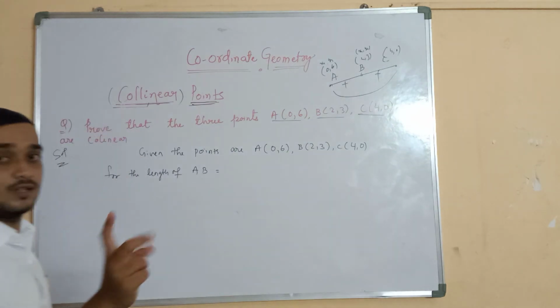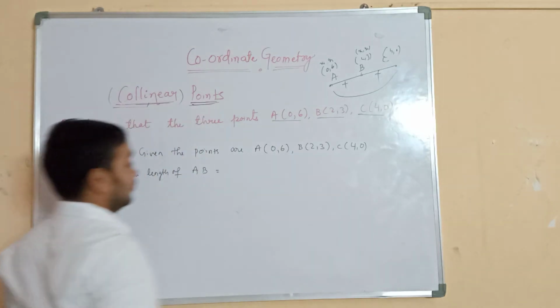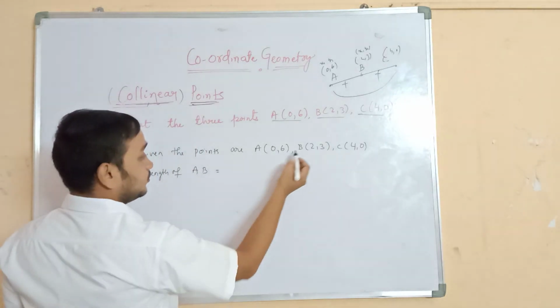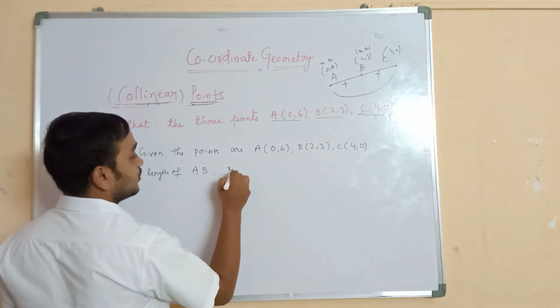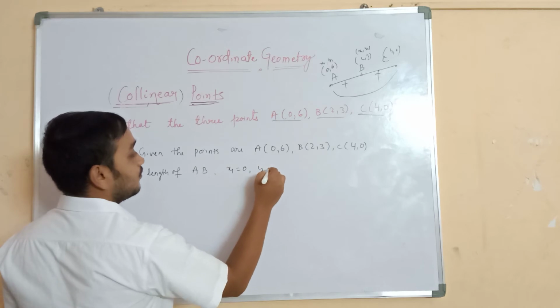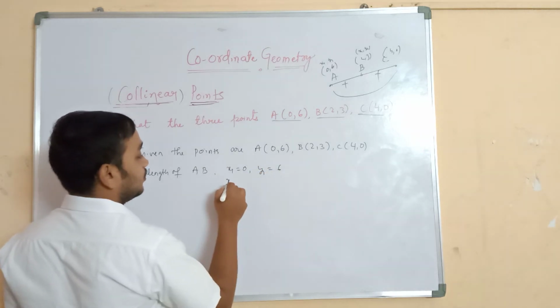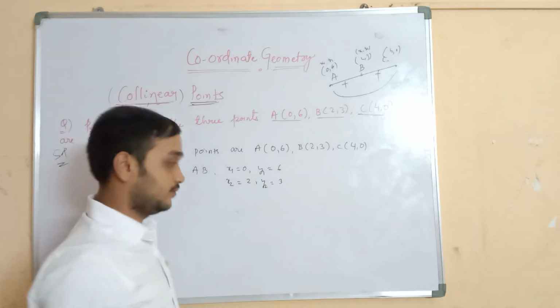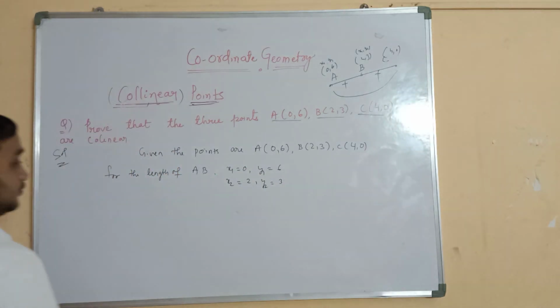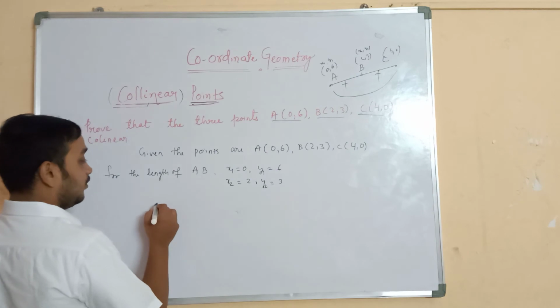For AB, x1 is 0, y1 is 6, x2 is 2, y2 is 3.